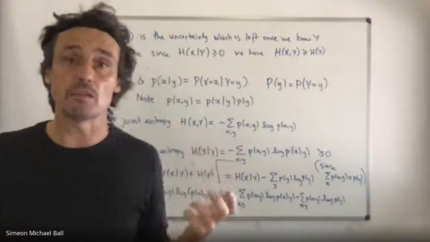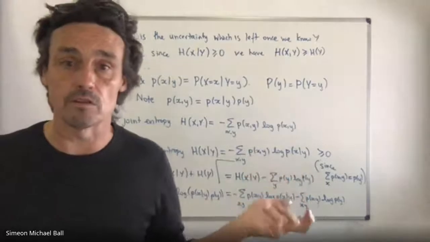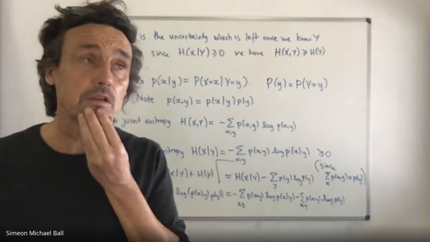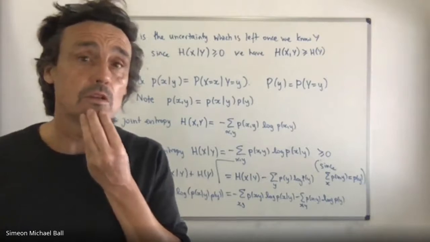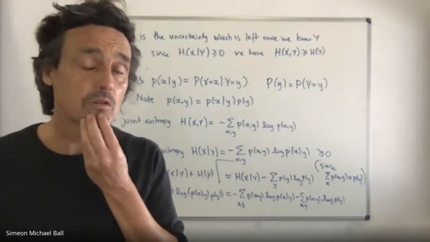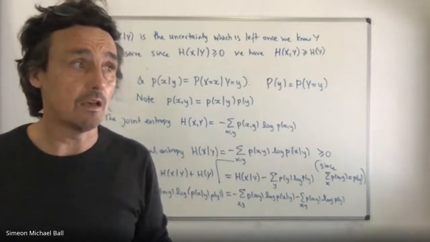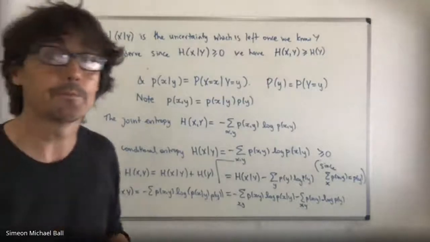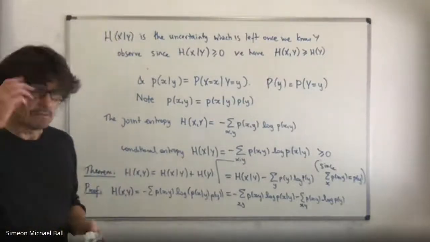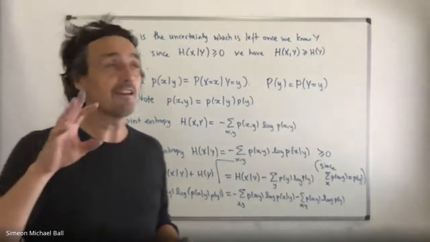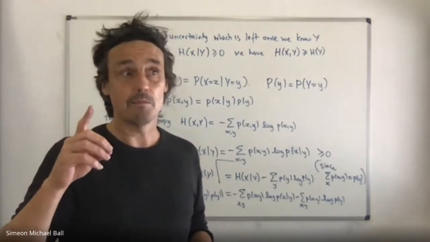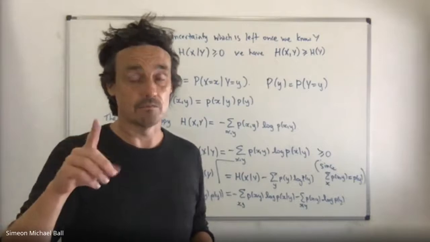X can only make things worse and make things more uncertain. And this is an important thing to note because when we get to entropy in the quantum world, this is not necessarily going to be the case. Okay. And if you want a hint why that is, think about a Bell state.